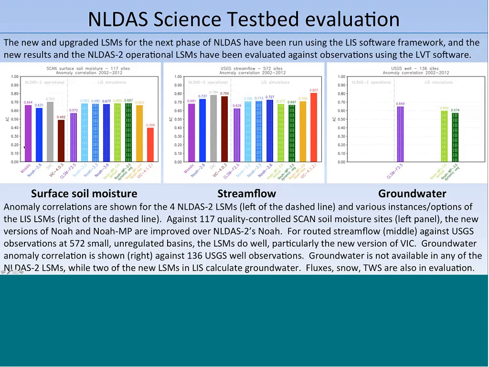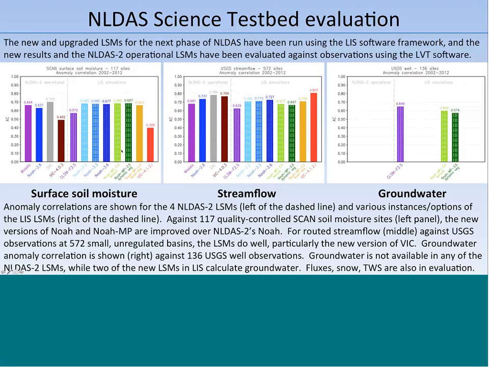So these are the anomaly correlations we have today, which range from about 0.5 to about 0.7. Everything over here are the new models that we are testing as part of our testbed to see whether they are good candidates for the next generation NLDAS.